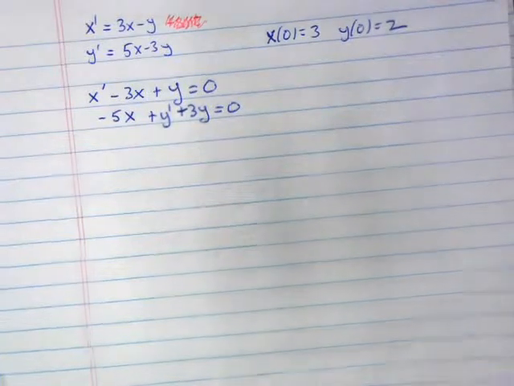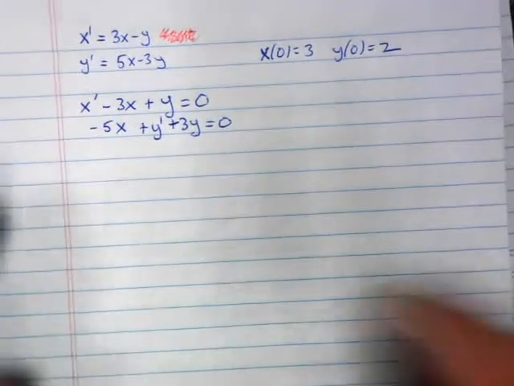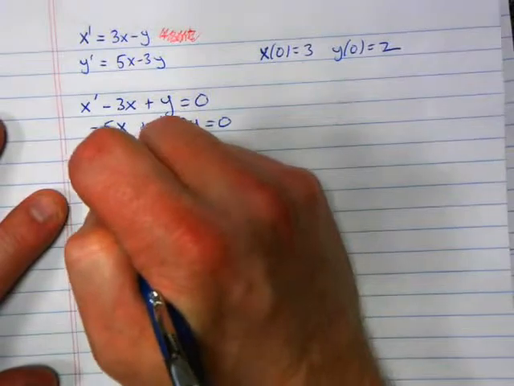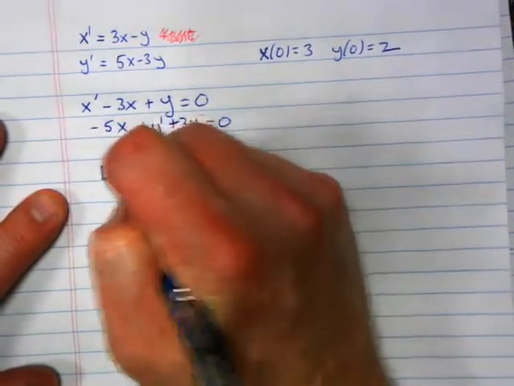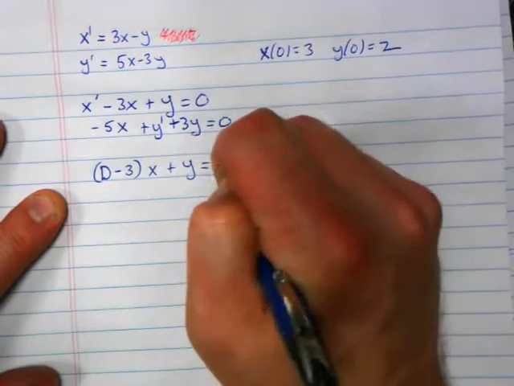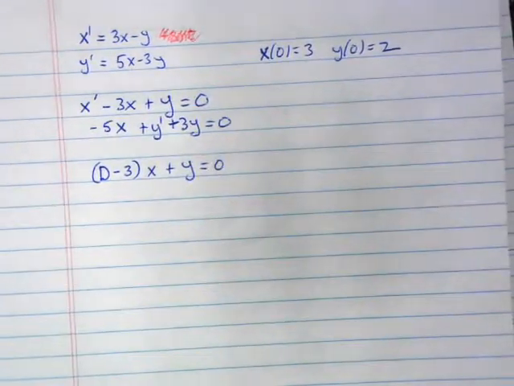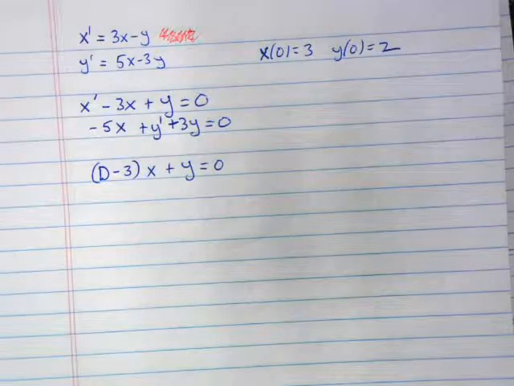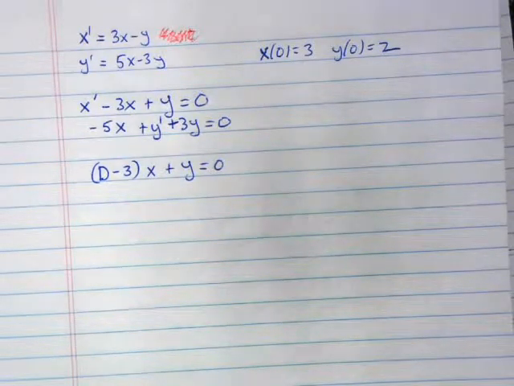All right, and then I'm going to rewrite this again. I'm going to write this as d minus 3x plus y equals 0. What does d stand for? D stands for derivative. Right?